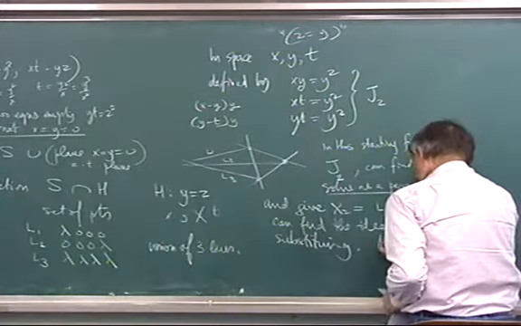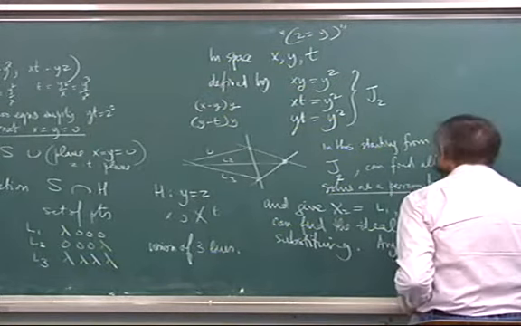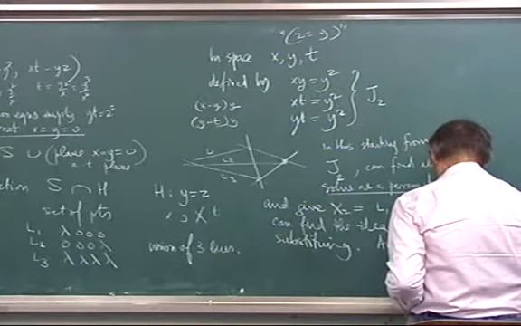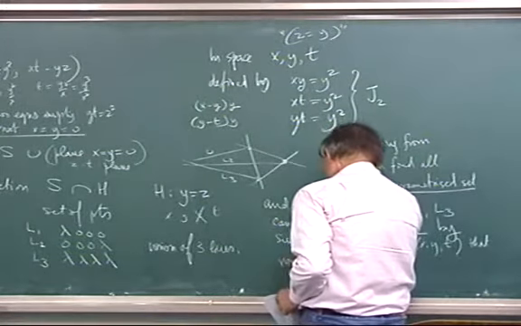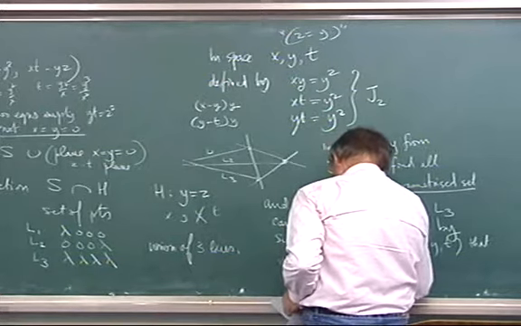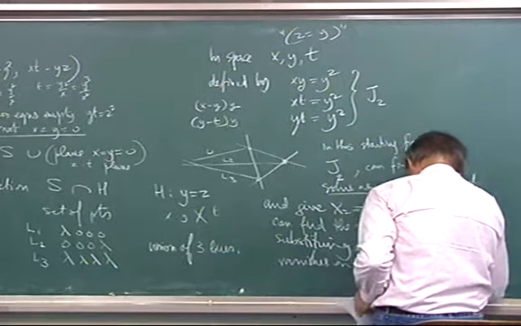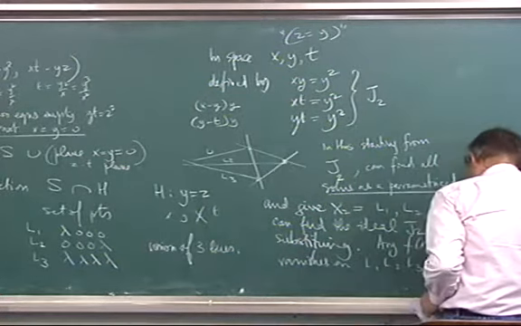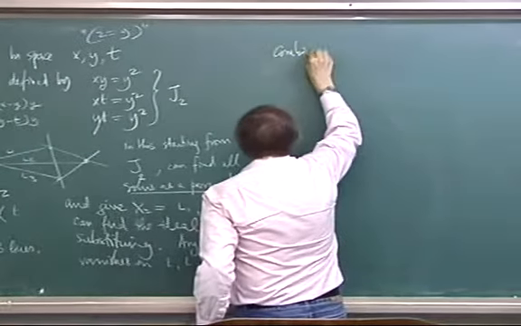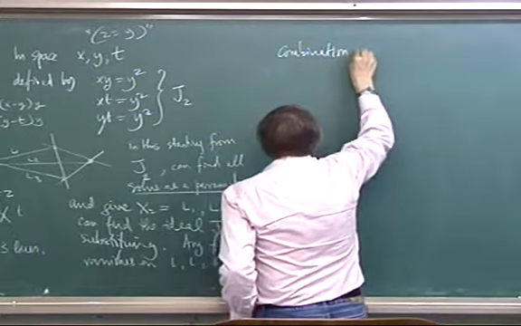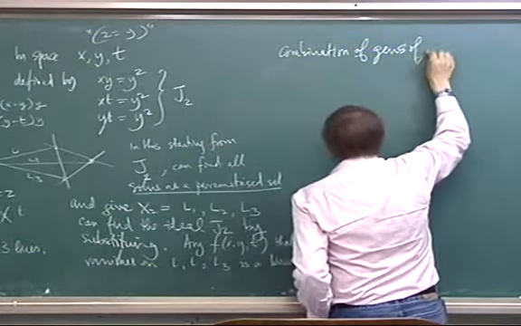So any f of x, y, t that vanishes on L1, L2, L3 is a linear combination of the generators of J2.